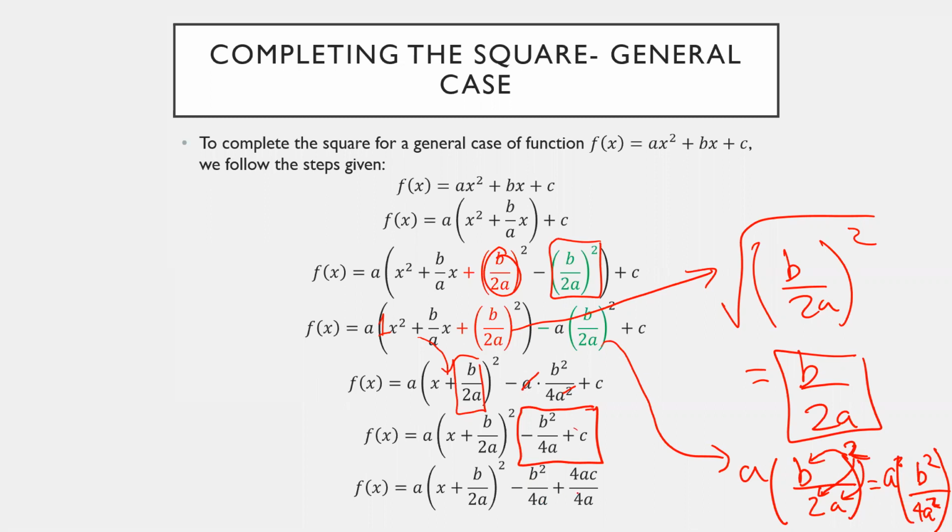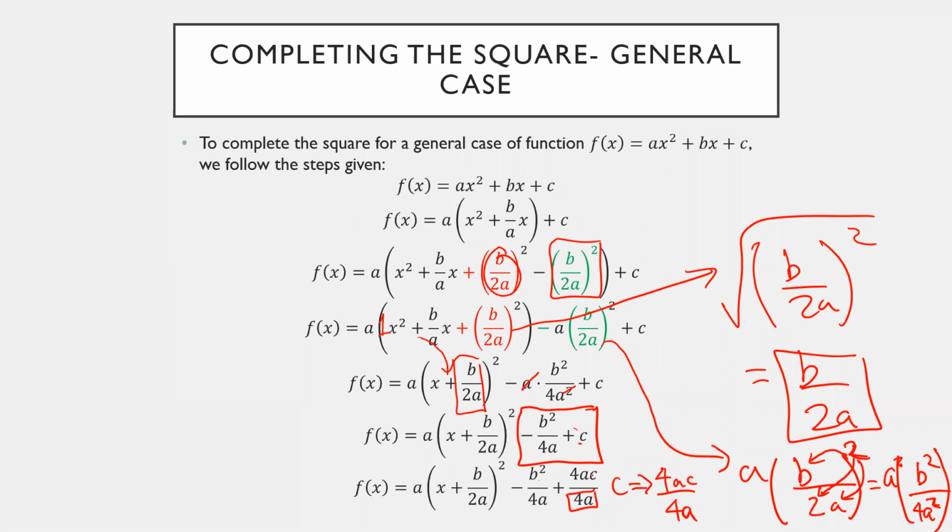So what we're going to do is find a common denominator, which is 4a, and this should remind you of rational functions when we were adding and subtracting them. So of course, if I'm going from c to a fraction that has a denominator of 4a, then I know I need to multiply the numerator and the denominator by 4a. So this ends up giving us 4ac over 4a.